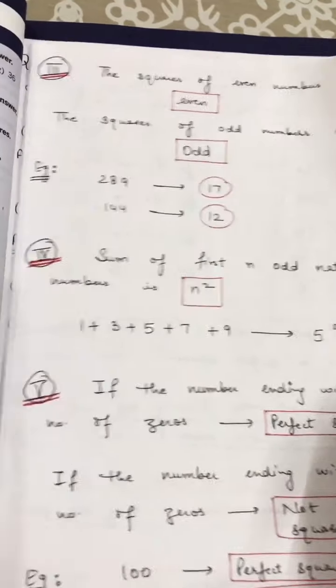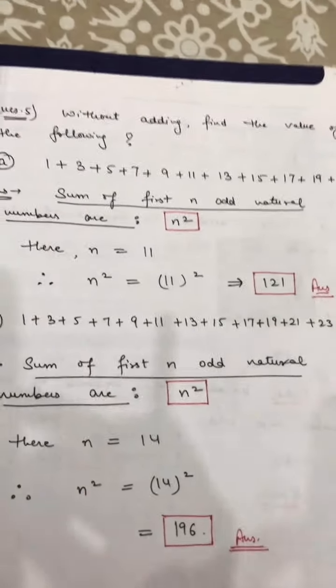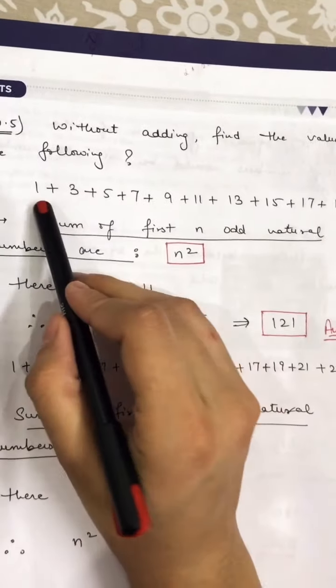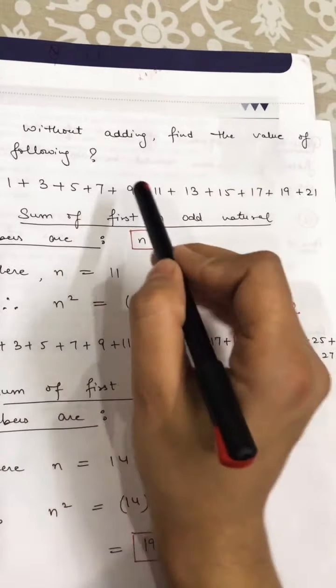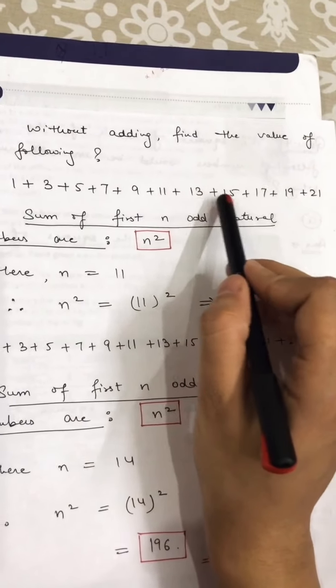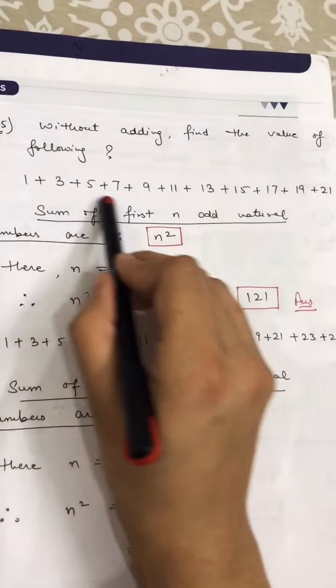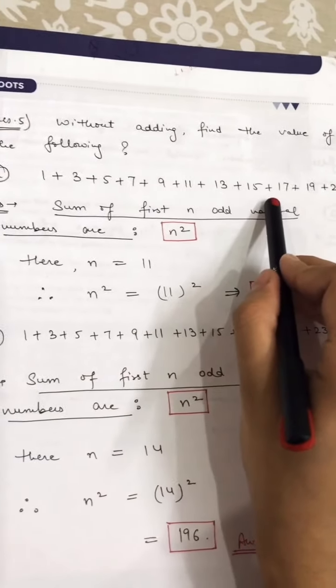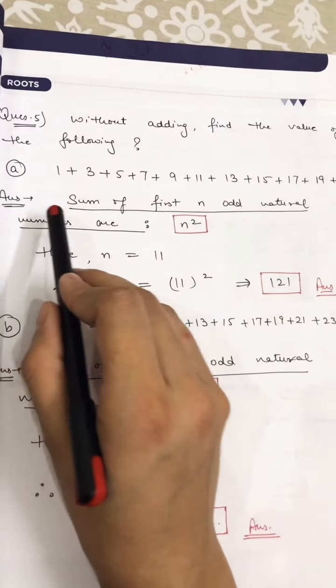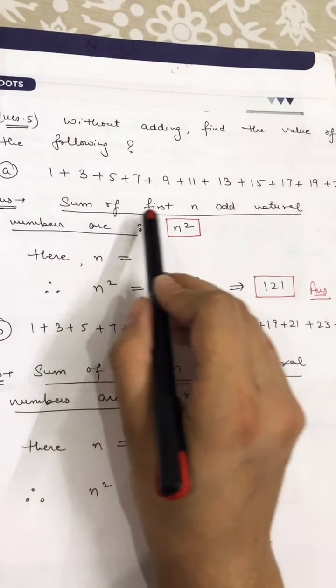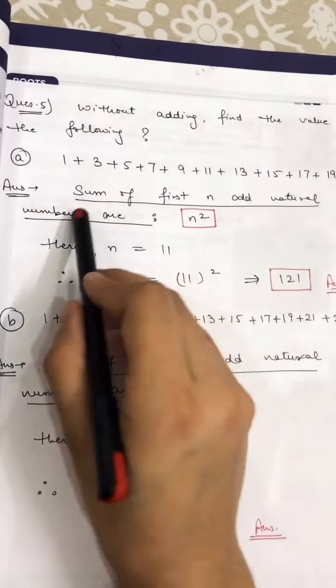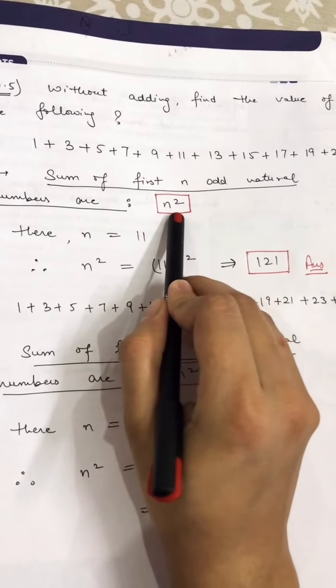Now see the question. This is your A part. The series is 1 plus 3 plus 5 plus 7 plus 9 plus 11 plus 13 plus 15 plus 17 plus 19 plus 21. This is a series of odd natural numbers. So you write in the solution, the sum of first n odd natural numbers is n square.